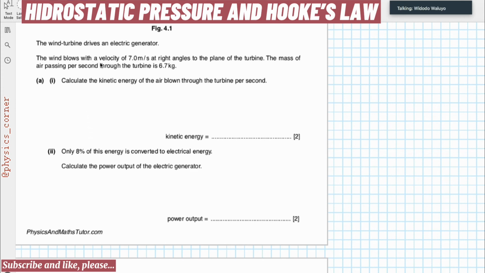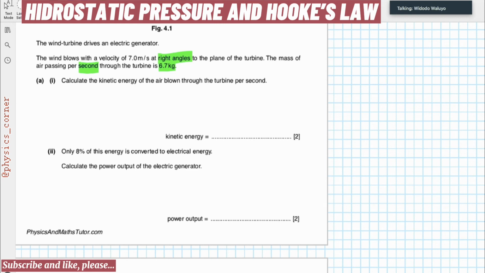The wind blows at a velocity of 7.0 meter per second at right angle. Yes, on the right angle is maximum, to the plane of the turbine. The mass of air passing per second through the turbine is 6.7 kilogram. Calculate the kinetic energy of the air blown through the turbine per second.